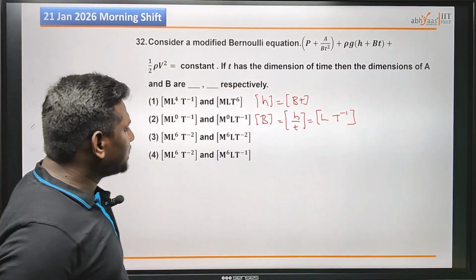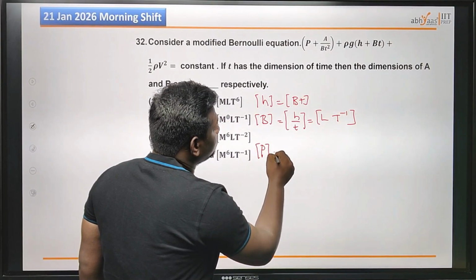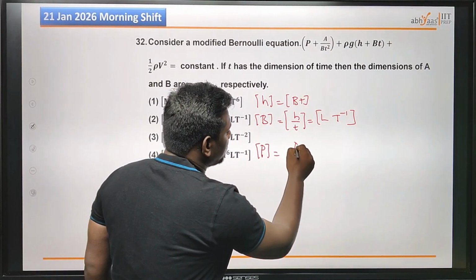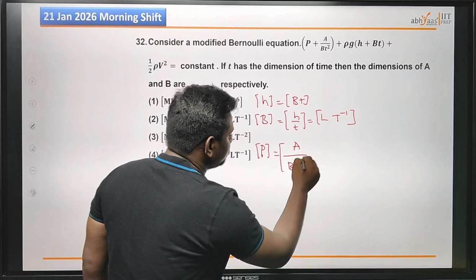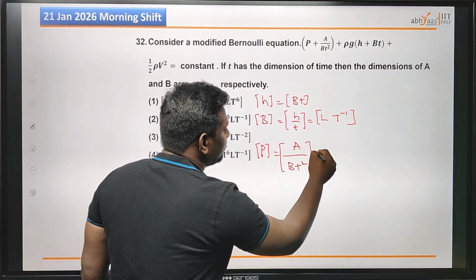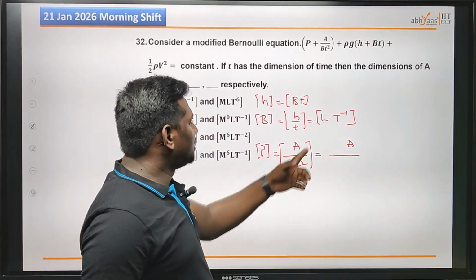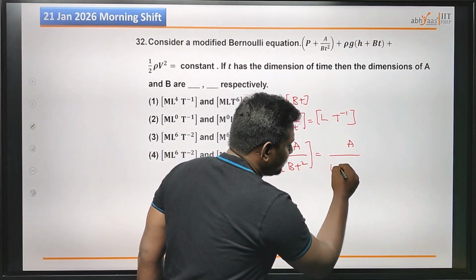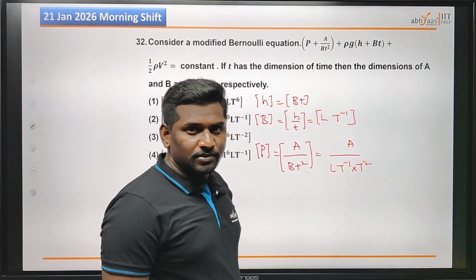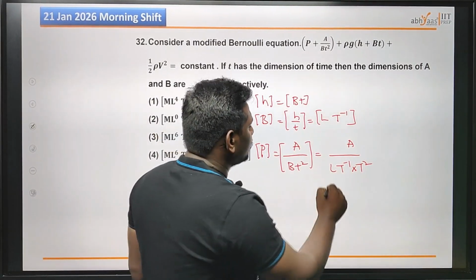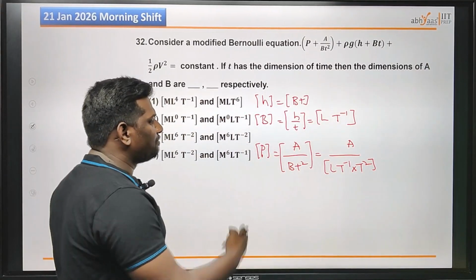If you observe pressure, P equal to A by B T square. You have to find the value of A. A by B T square, where B is L T inverse, into T square. What is the value of P?